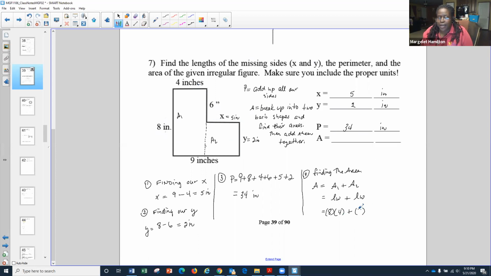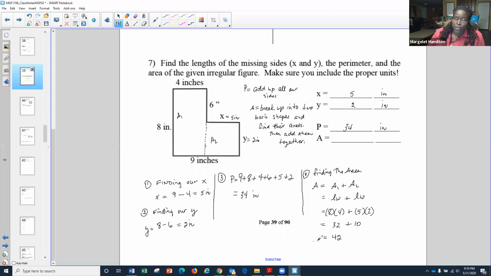So we have 5 times 2. Okay, so now we just need to do the math. So 8 times 4 gives us 32, plus 5 times 2 is 10. We add those together, and we get 42.